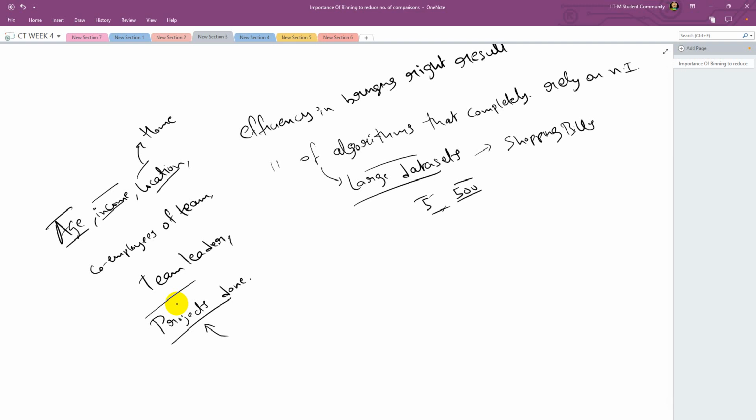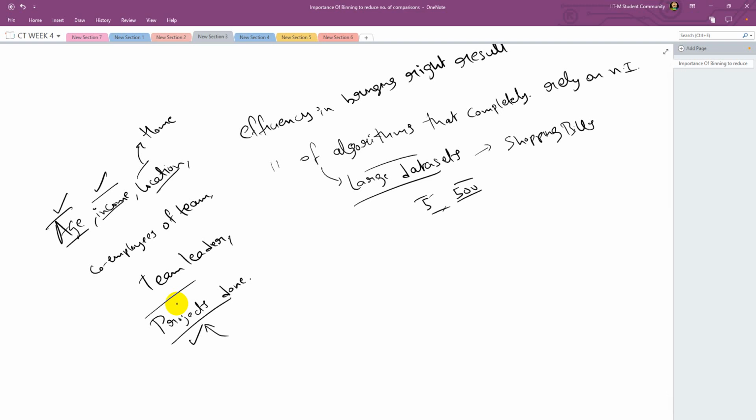Now let us think that we want to filter out the employees having an appropriate age, high income, and projects done. Why are we choosing these three fields?